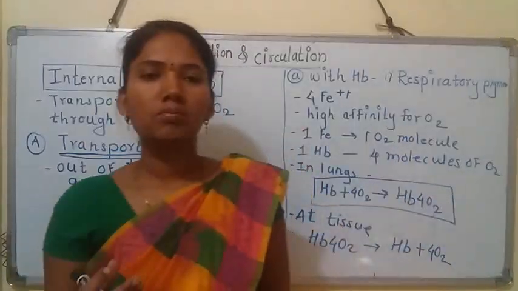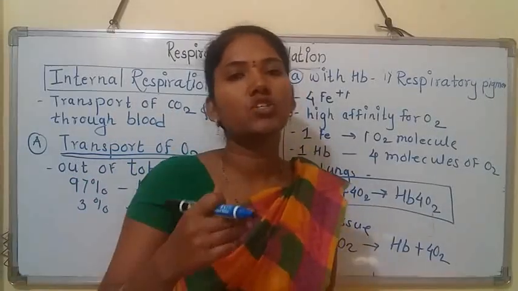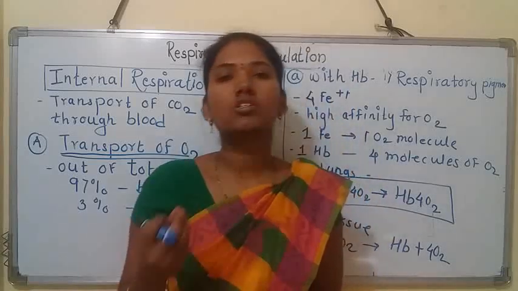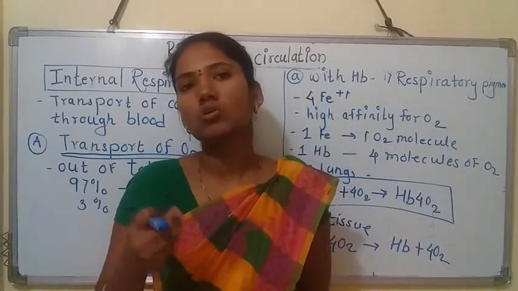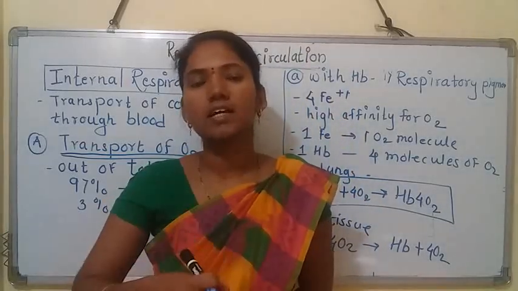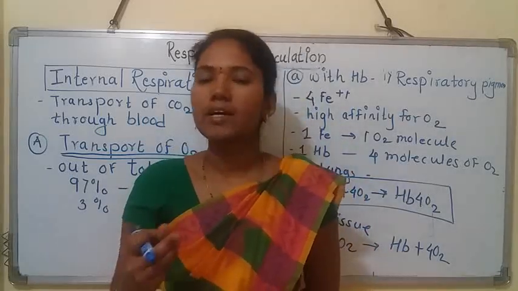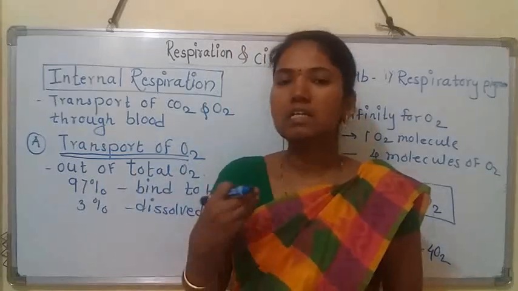So see, in breathing you have learned inspiration and expiration. In inspiration, the diaphragm and intercostal muscles play a very important role while taking gases inside the body or giving them out of the body. That we learned in breathing. The second point was external respiration.